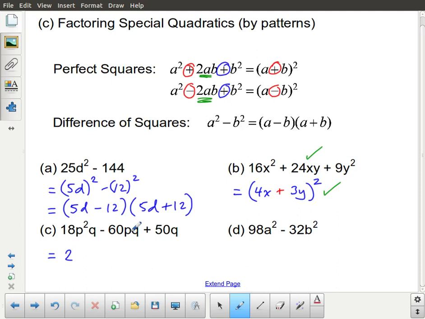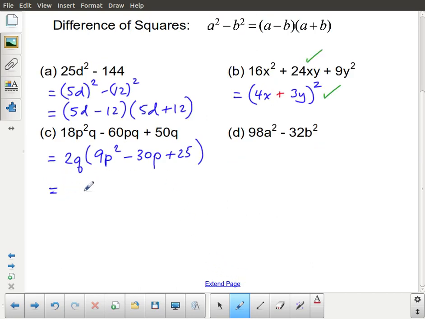I've got a p squared, a p, and no p variables. I've got a q, and a q. So I can actually take out the common factor 2q, and that leaves me with 9p squared minus 30p plus 25, which gives me a perfect square pattern.